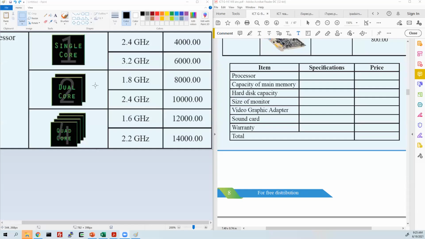Right, so this side we have the processor. So write the specification here. Write the specification, take down in your book. So what is the spec? Write down whether you need a single core, dual core, and then the speed. And then type the price here. When you finish it, send me a message in the chat. So we'll switch to the capacity of main memory.